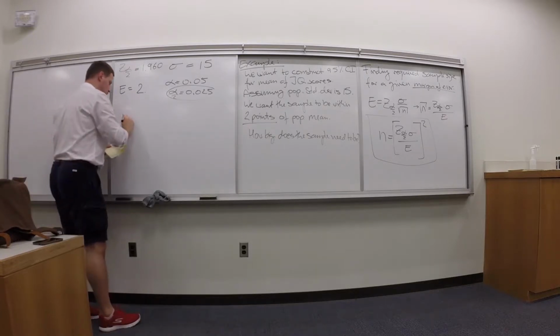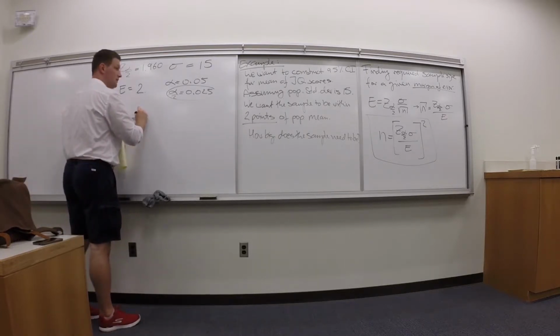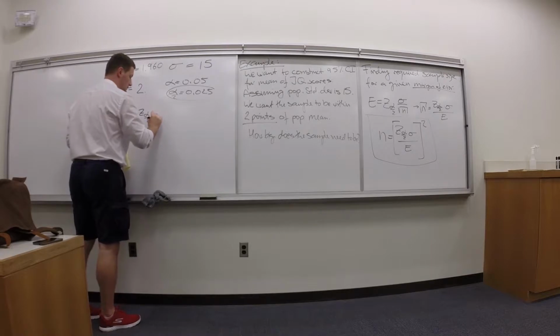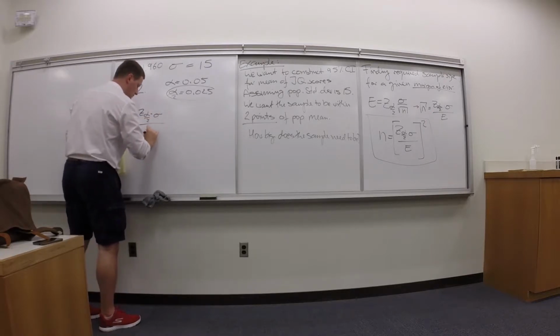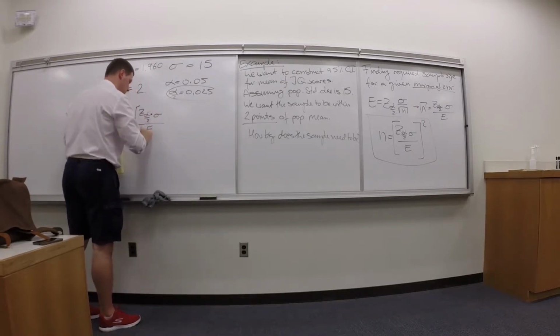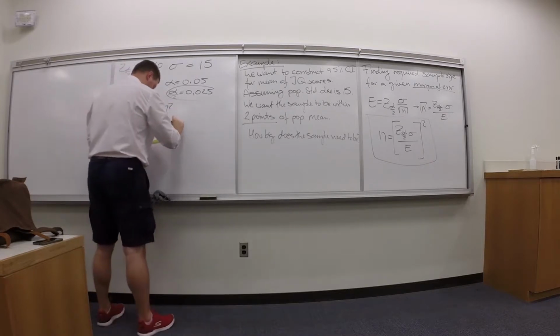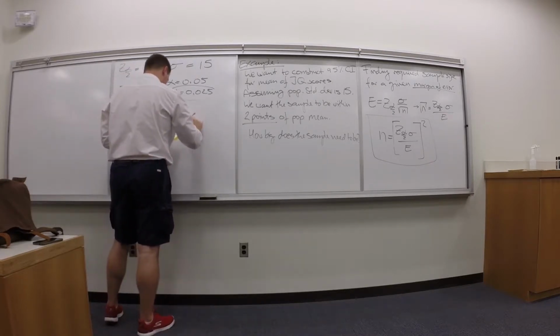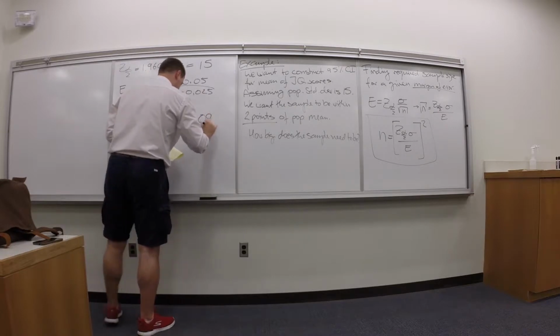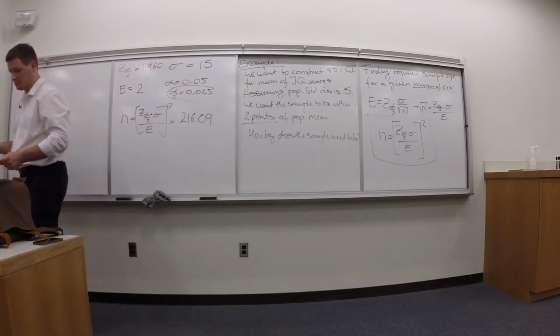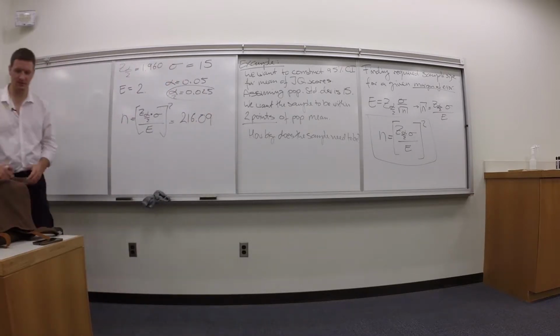Right, so n equals z alpha over 2 times sigma divided by E, squared, and I came out to be that. And the question is, is that the correct answer?